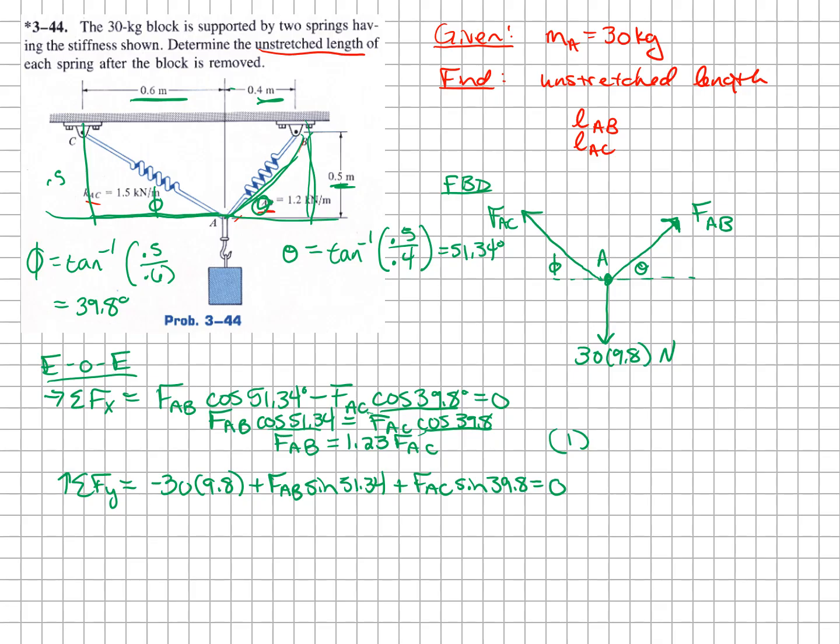I have FAB here, so I'm going to put 1.23 FAC in anywhere I see FAB. So I have 1.23 FAC times the sine of 51.34 plus FAC sine of 39.8 is equal to, and I've got to get this scalar over here, 294.